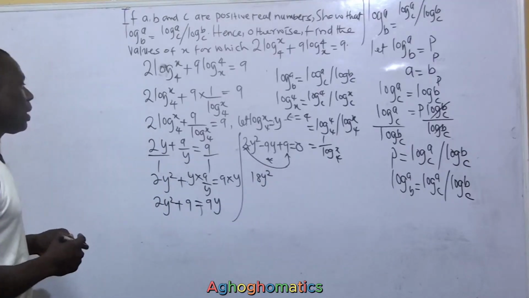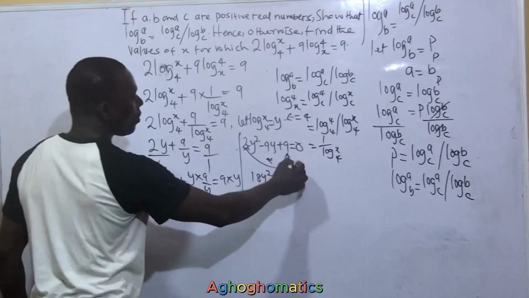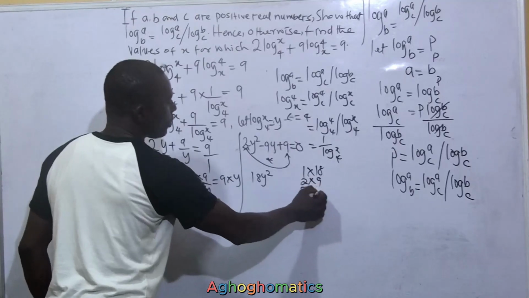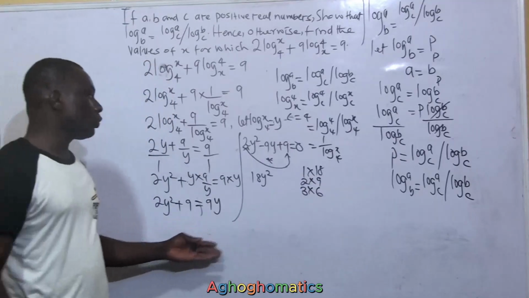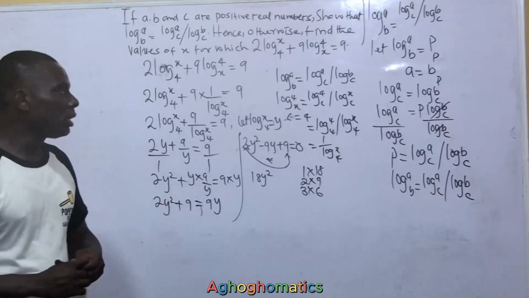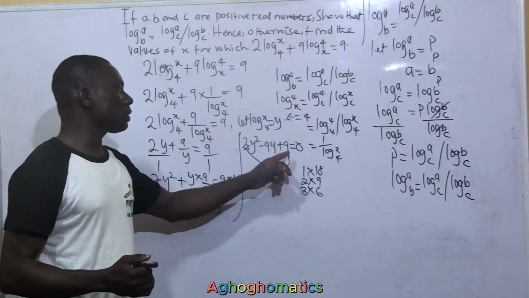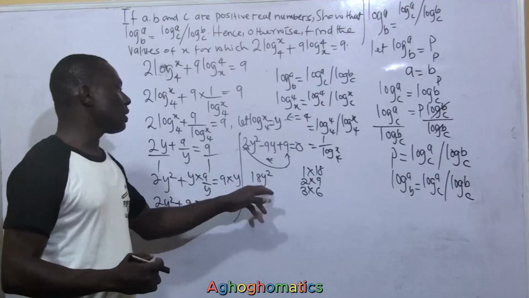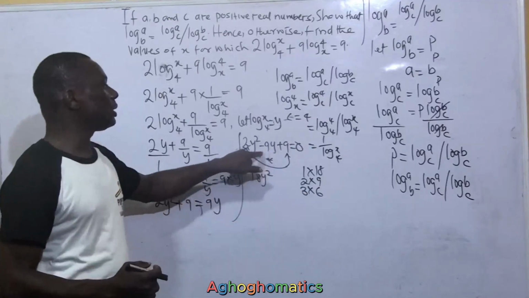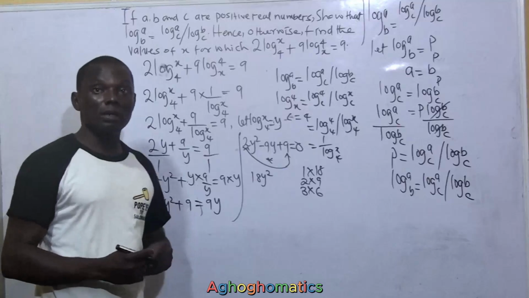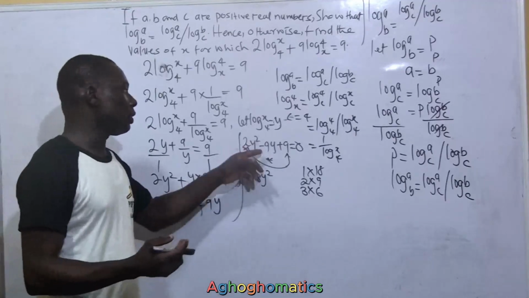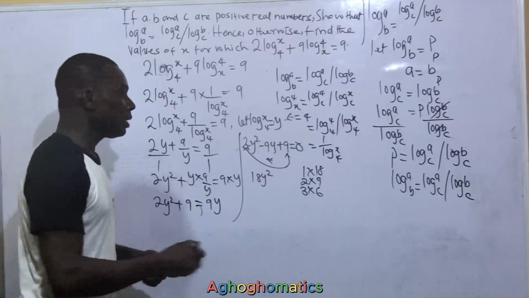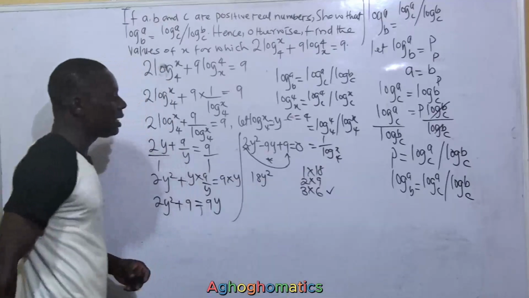All the factors of 18 are 1 times 18, 2 times 9, and 3 times 6. To solve a quadratic equation using factorization, you multiply the term containing the square by the constant term, then look among the factors for the pair that adds or subtracts to give the middle term, minus 9y, and multiplies to give 18y squared. What can handle it among these factors is 3 and 6.